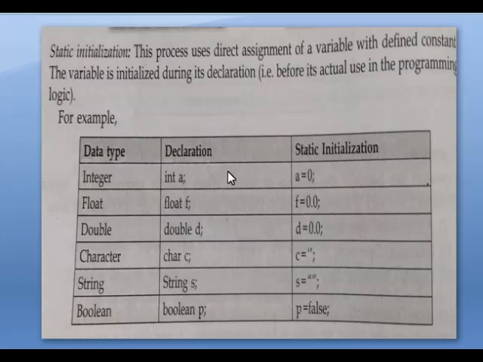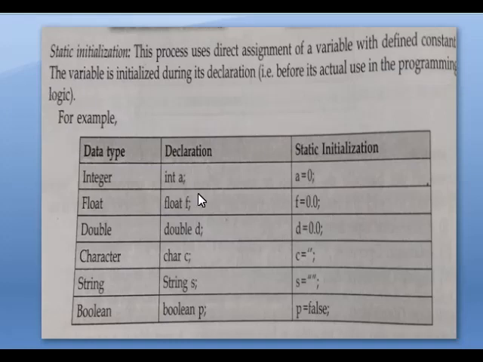In this process uses direct assignment of a variable which is defined constant. The variable is initialized during its declaration. So when we are writing the program, we are declaring the value of a variable inside the program. So it is called a static initialization, that is before its actual use in the programming logic.